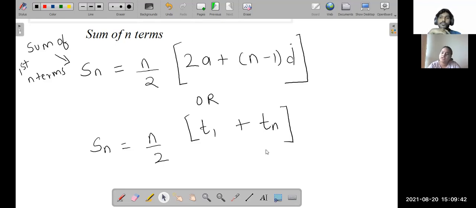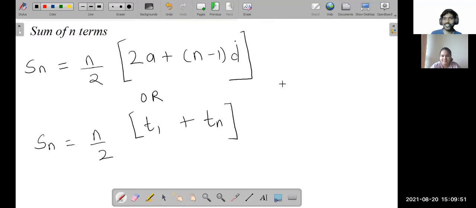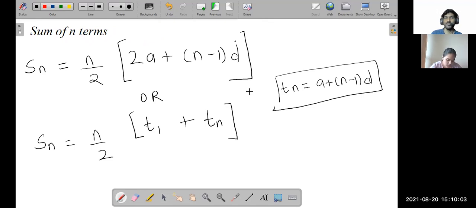Should I write the TN formula? Yes, just write it somewhere. You don't remember the TN formula? TN is a plus n minus 1 into d. Just these three formulas. This was the earlier formula. Okay, fine. I'll write it on the new page.